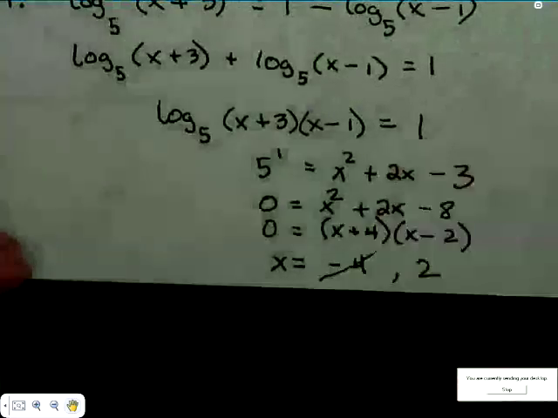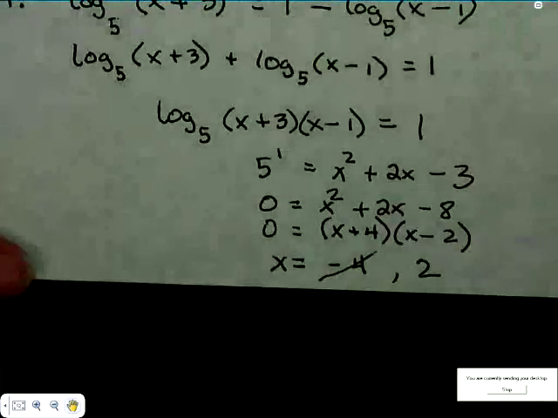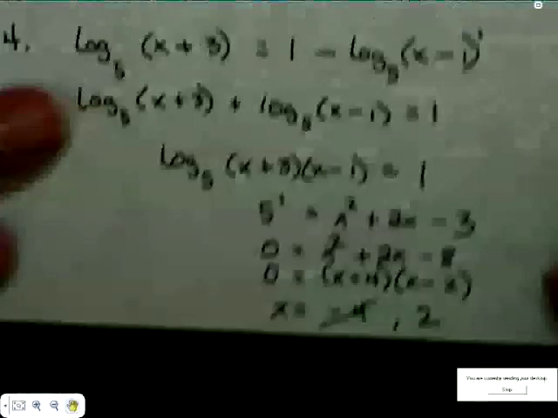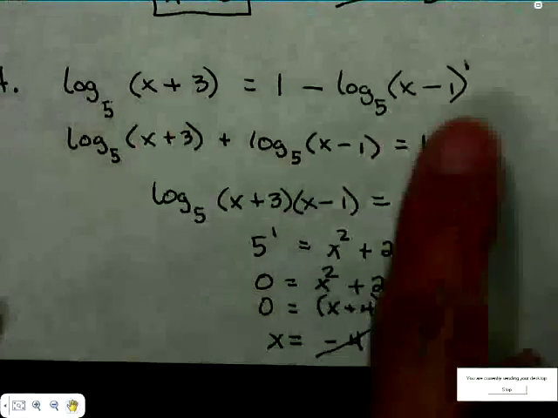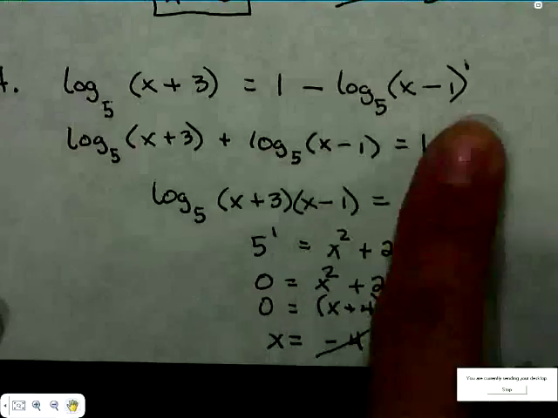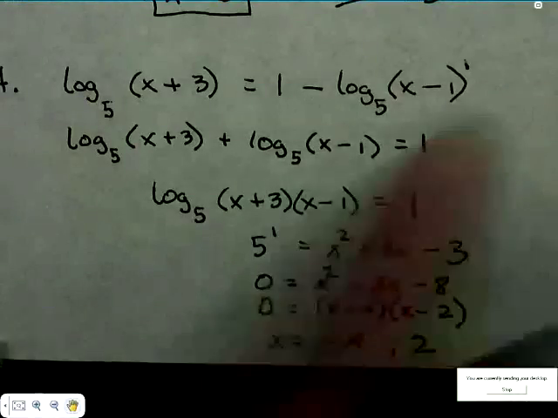So again, if you just looked at my notes and didn't listen to my words, you would think we were always just marking out the negative. That's not the case. Well, in this case, I couldn't use any negative number because a negative minus 1 is always going to be negative.